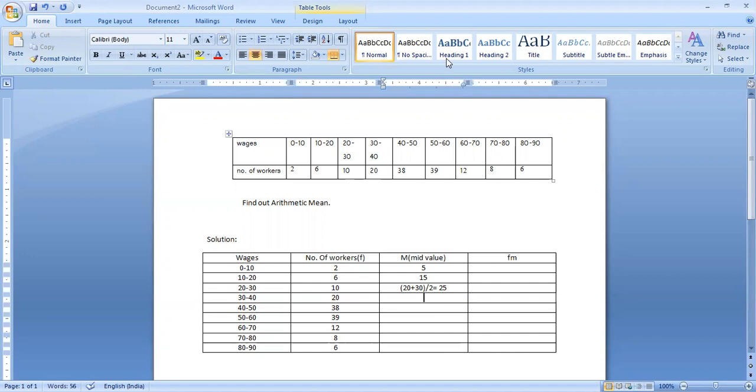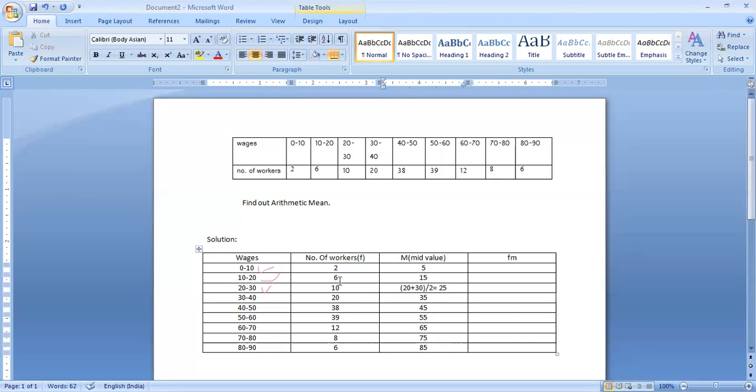See, the difference between each of them is 10. 10, 10, 10 difference is there. So here also automatically 10 will be the difference. Okay. So 5, 15, 25, then 35, then 45, 55, 65, 75, 85. These are the mid values.